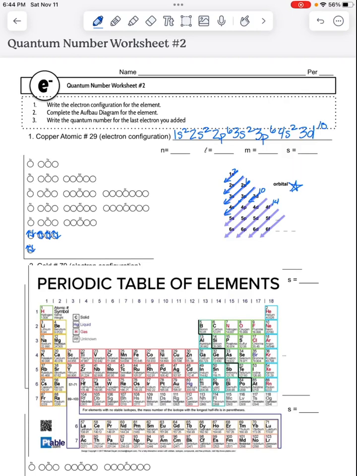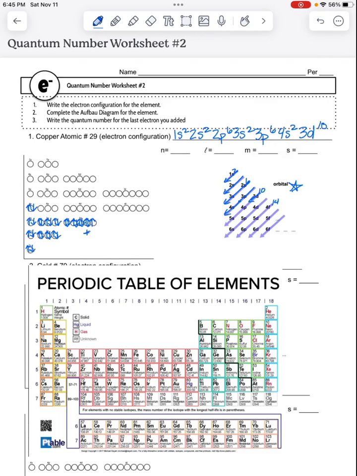I'm going to fill 3s, and then I'm going to fill 3p, following my rules still. After 3p, I filled 4s. And now I fill 3d, and I'm going to go 1, 2, 3, 4, 5, 6, 7, 8, 9.